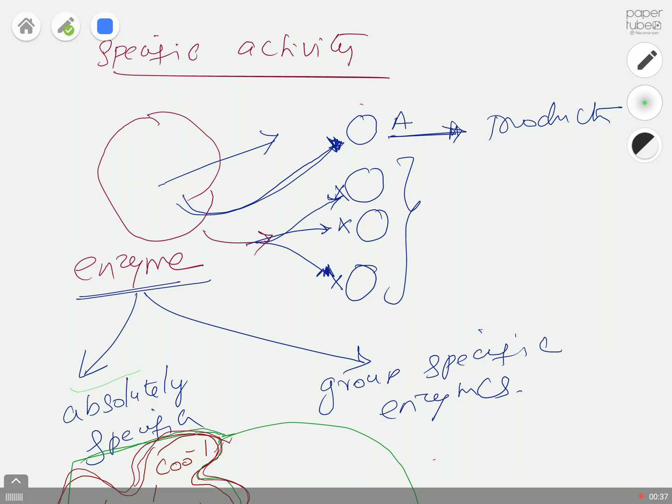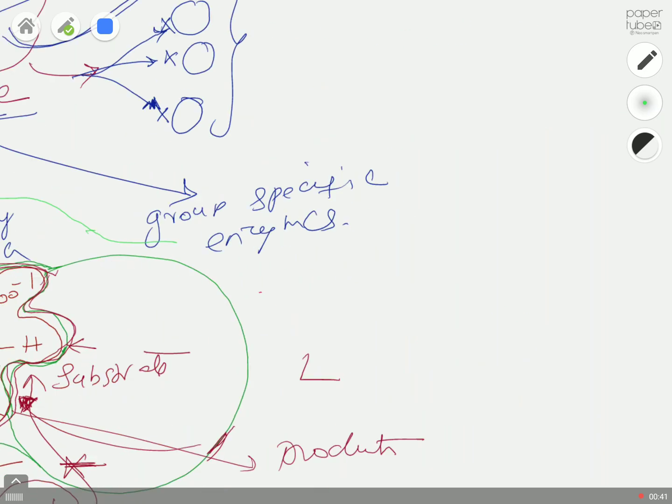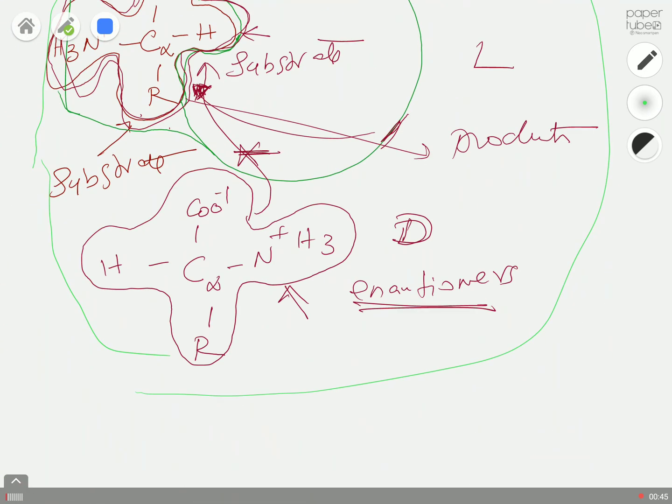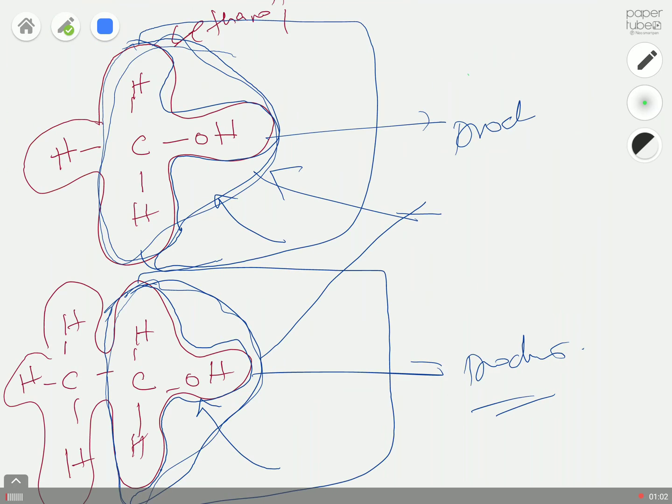If you look at this image, these are absolutely specific. If you take two chiral compounds, they can recognize only one form of the enantiomer. So sometimes enzymes can be so specific to the molecular structure, and sometimes they can be specific to a group.